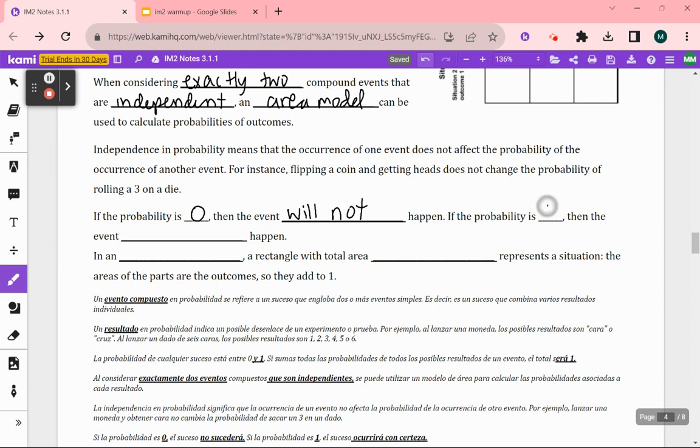If the probability is 1, then the event will definitely happen. In an area model, a rectangle with a total area A equals 1 represents a situation. The areas of the parts are outcomes, so they add to 1.